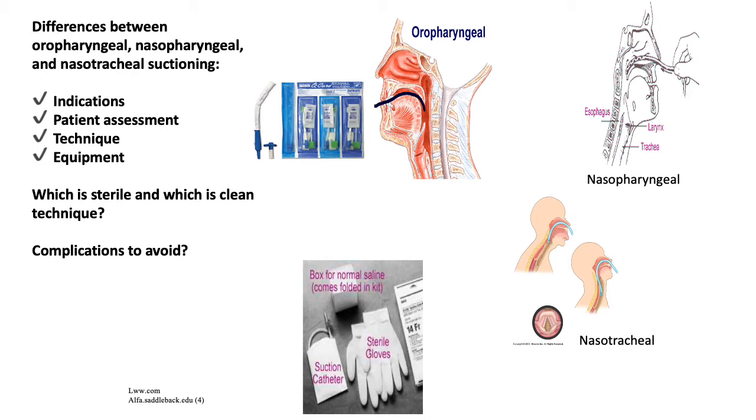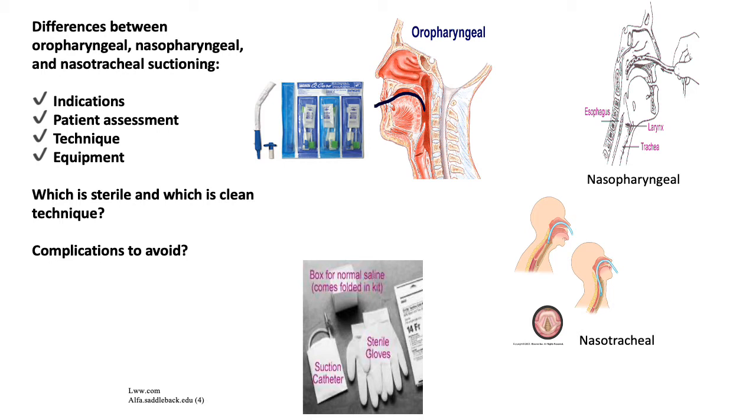You're going to prepare the suction equipment, and you usually do that by setting it to a pressure of 100 to 150 millimeters of mercury for adults. You would also connect the suction tubing to the suction, and then you check it.